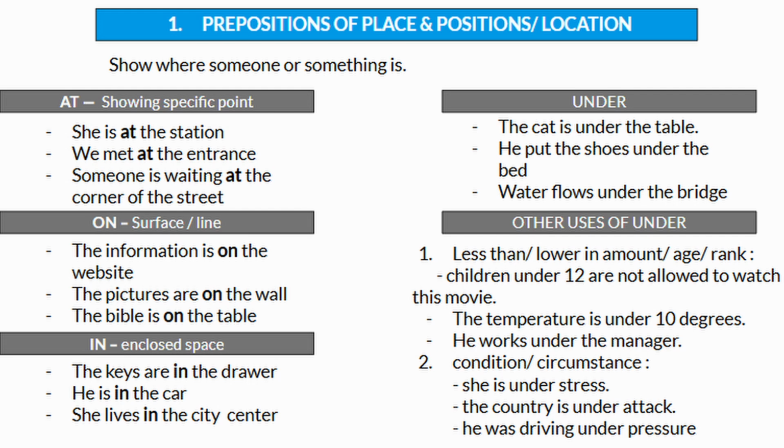The country is under attack means they are attacking the country. Instead of saying this long sentence, they are attacking the country, I will say the country is under attack. He was driving under pressure.